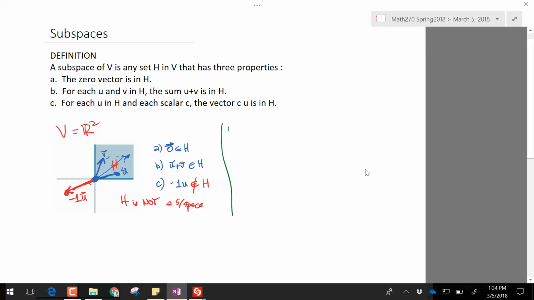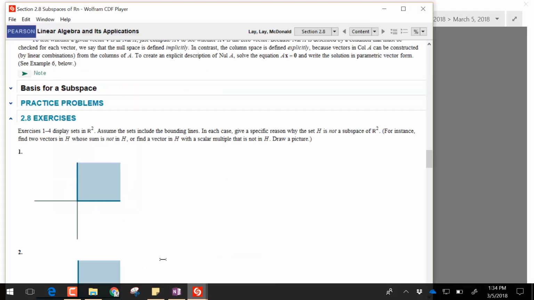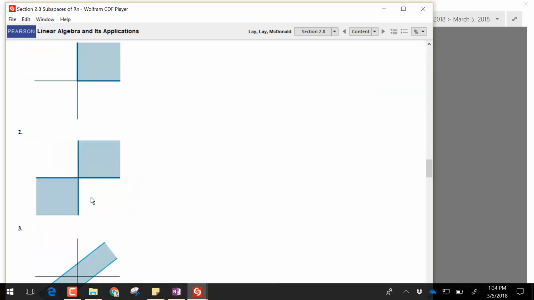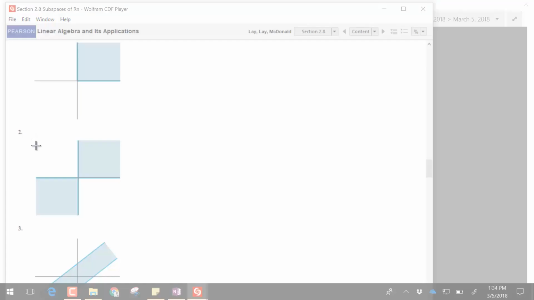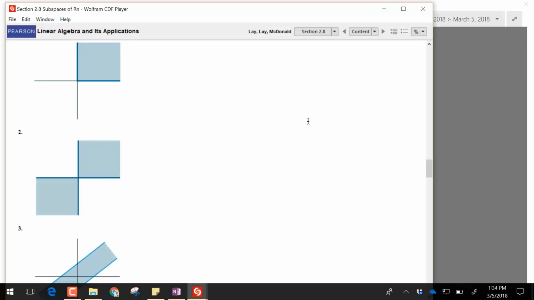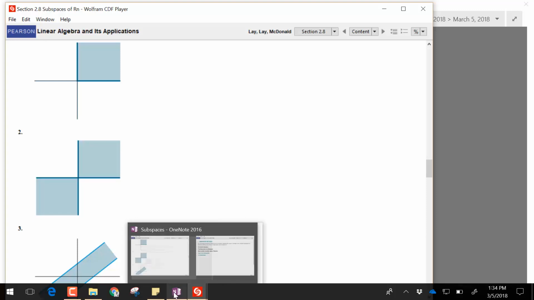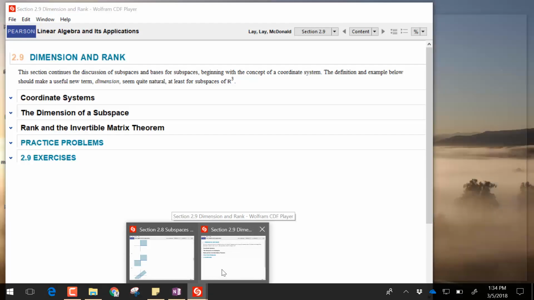So the next example that they have here is this. This would be a subspace, it would seem like, right? Well, in higher dimensions, you'd be looking at quadrants and octants and what comes after that.